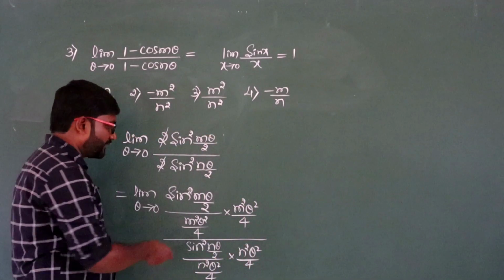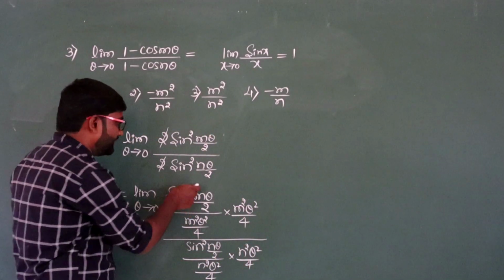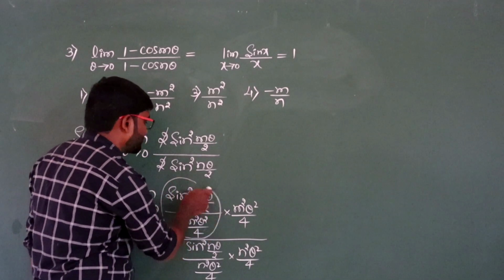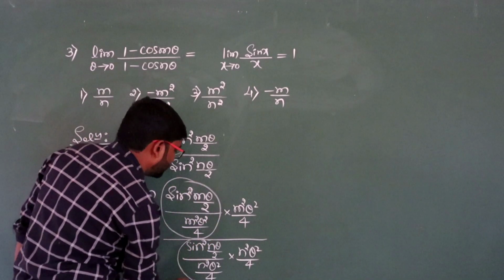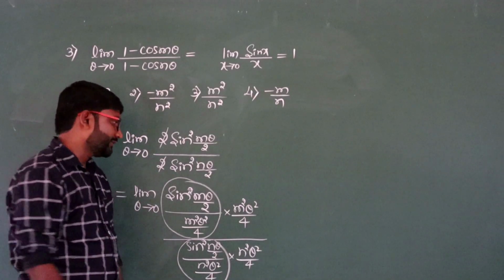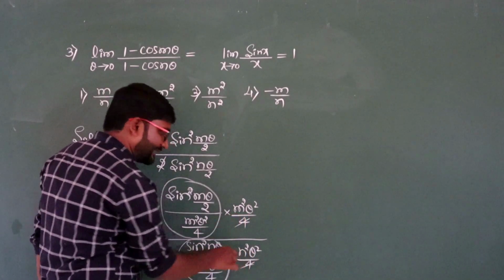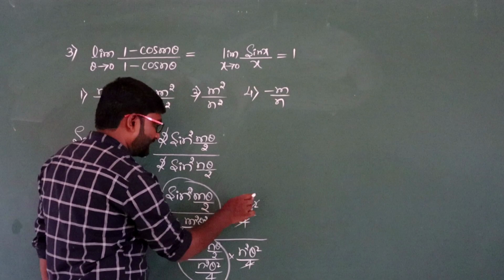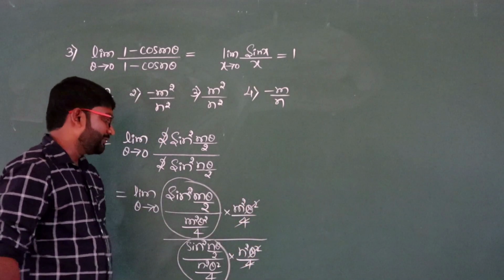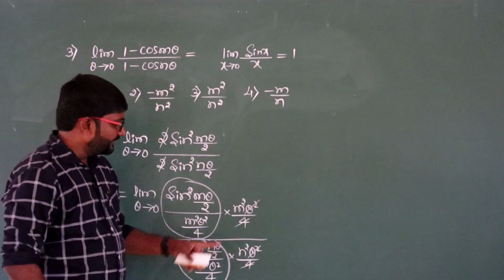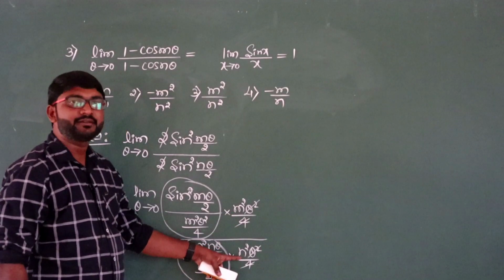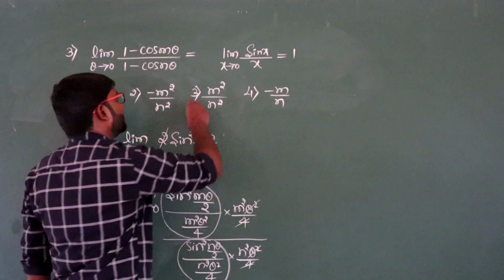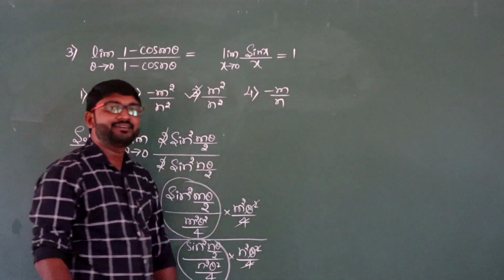So now after applying the limit, this becomes 1 and the denominator also becomes 1. Now 4 and 4 get cancelled, theta square gets cancelled. What is the term that is left now? It is m square by n square. So that will be the answer. Option 3 is the correct one.